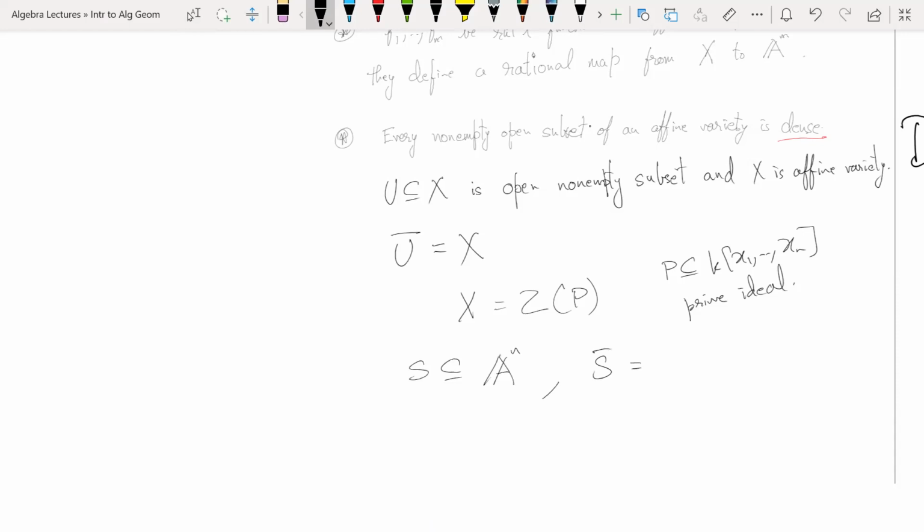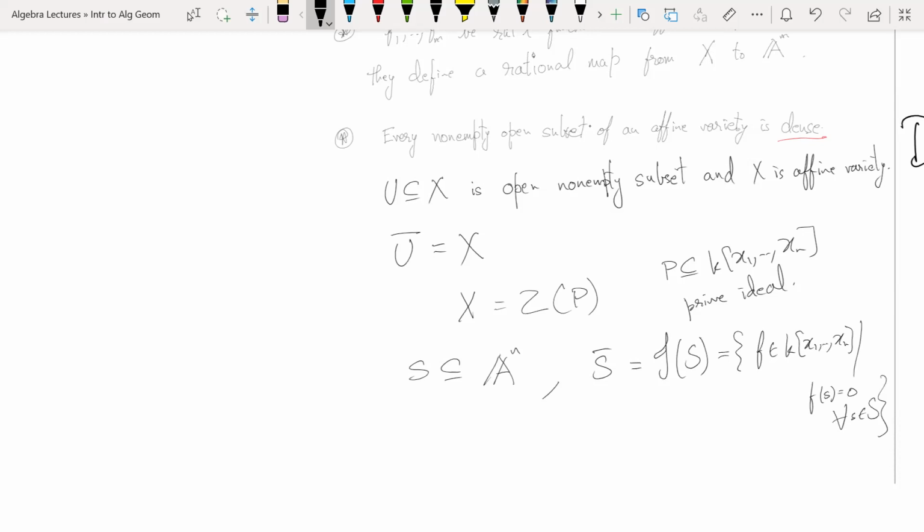So you want to compute the smallest closed subset containing S, yeah? So you take the ideal of definition of S, which by definition is the set of f in the polynomial ring k[x1, ..., xn] such that f(s) is 0 for all little s in capital S. Yeah, this is what the ideal of definition is.